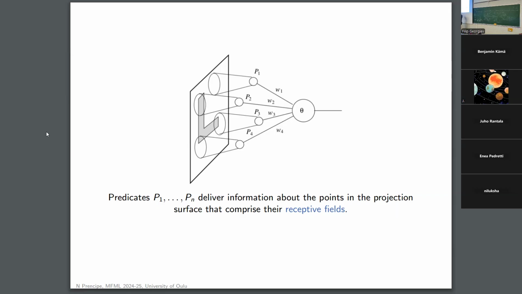And in this projection image, he defines what he calls the predicates, some kind of nodes that have a receptive field. That was probably discovered afterwards, I don't remember correctly, but in the meantime, while these models were developed, there were also biologists doing the actual biological counterpart of this.